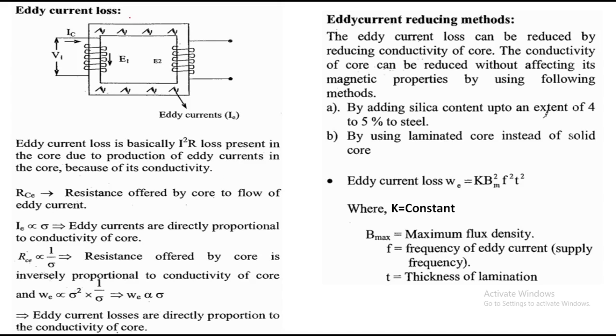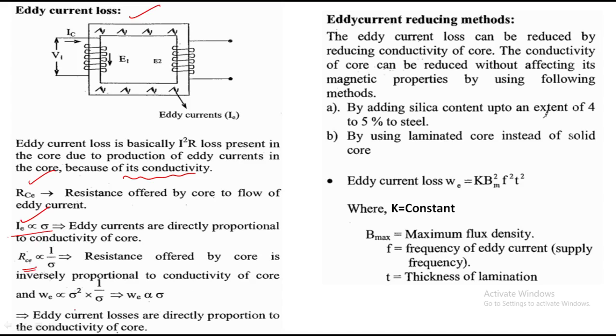So next, eddy current loss. And these eddy current losses are due to what? Conductivity of the core. We all know that Rc is the resistance offered by the core, and Ie is the eddy current, which is directly proportional to the conductivity of the core. If the current is directly proportional to the conductivity, obviously the resistance is opposition to that conductivity.